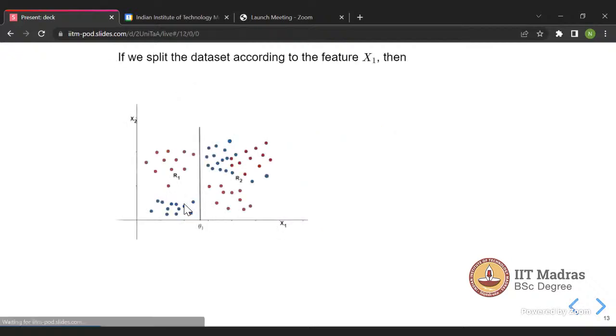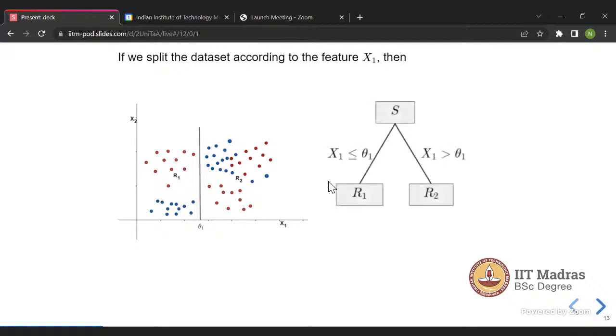So assume we have split our data set according to feature x1, such that if x1 is less than theta1, we call the left region R1 and the right region R2. So all these examples here belong to the region R1, and all these examples belong to the region R2.